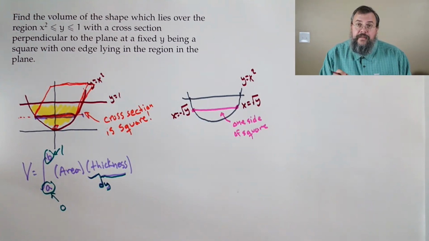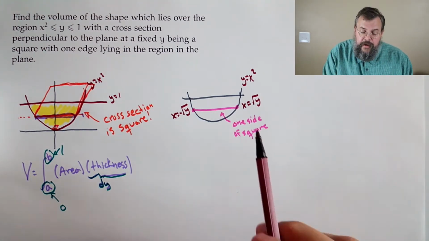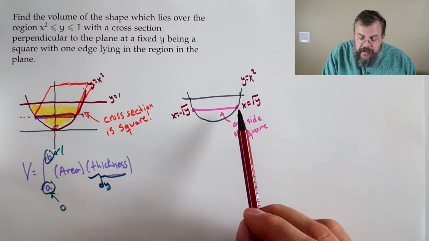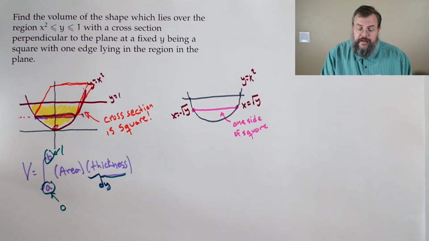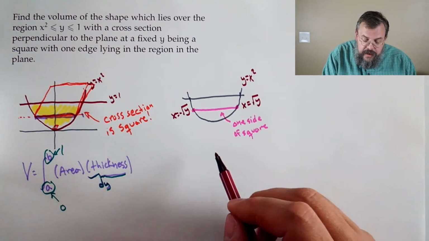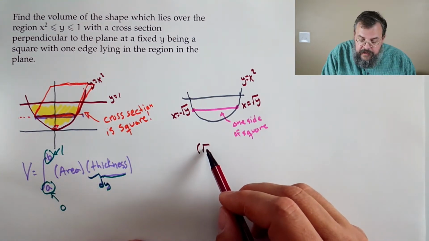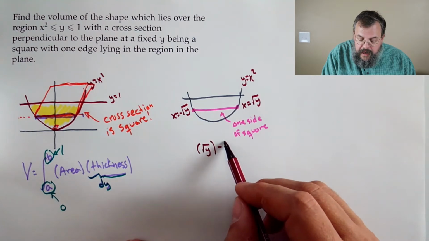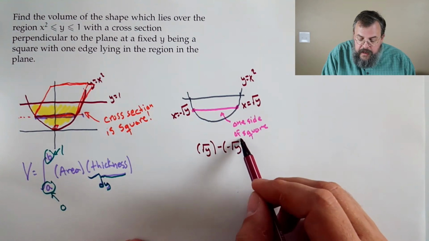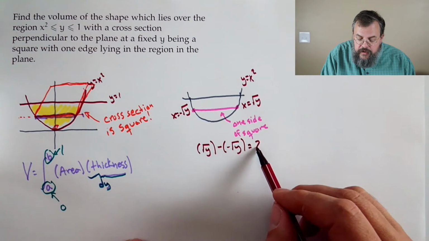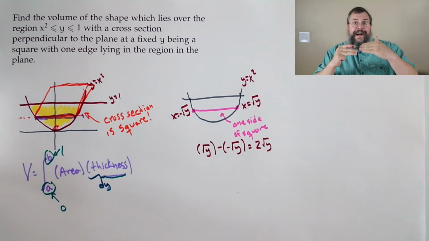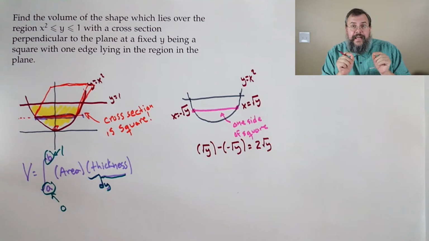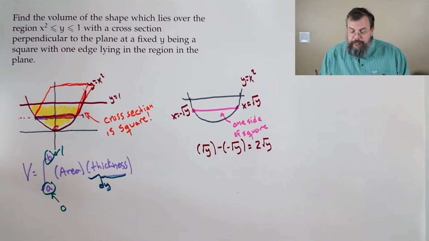So what's the length of the side? Well, you'd say, how far apart is it from positive square root of y to negative square root of y? Well, the way you compute it is you take the difference, square root of y, subtract negative square root of y, or 2 square root y. So for any particular height, the length of that side of the square is 2 root y.